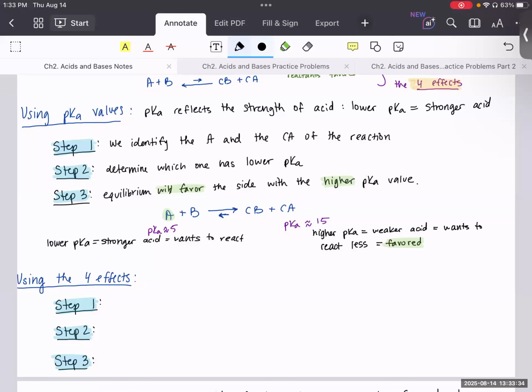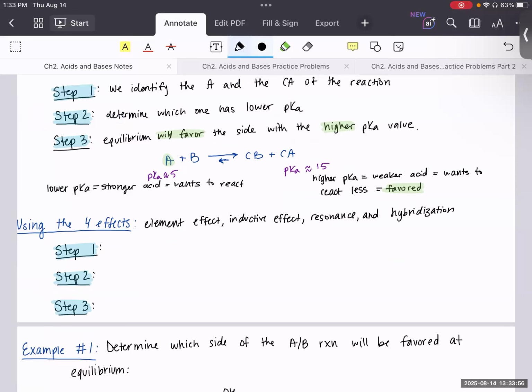And so as a reminder, those 4 effects are the element effect, the inductive effect, resonance, and hybridization. And so given the structures of acids and bases, you should be able to predict which of these effects are going to be relevant based off the structure of the molecules.